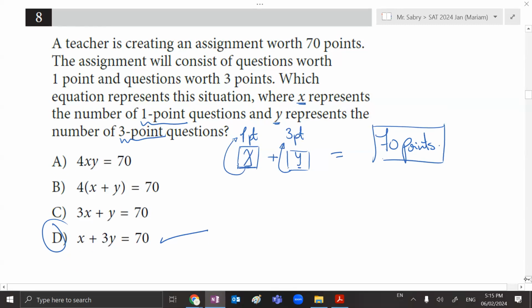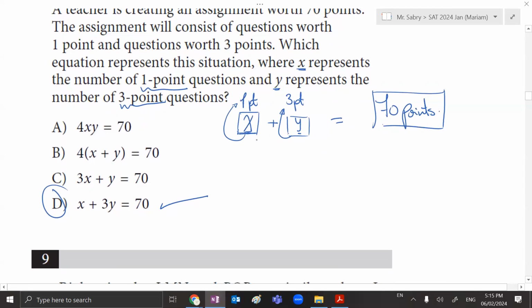Perfect. But in this exact same question, what if I say that the test consists of 25 questions? How would you represent this in an equation?